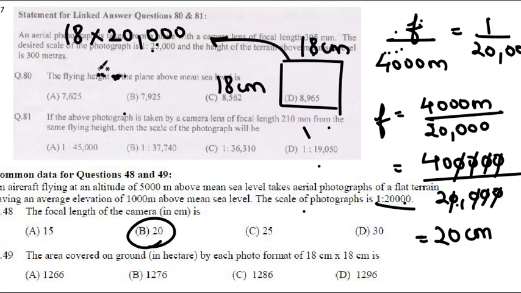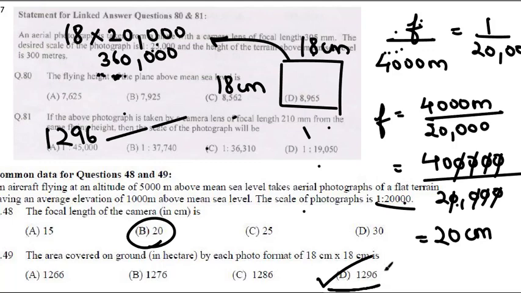So 18 into 20,000 is 3,60,000. Similarly this length will also be 3,60,000. So the area will be 3,60,000 into 3,60,000, which gives me 1296,000,000.